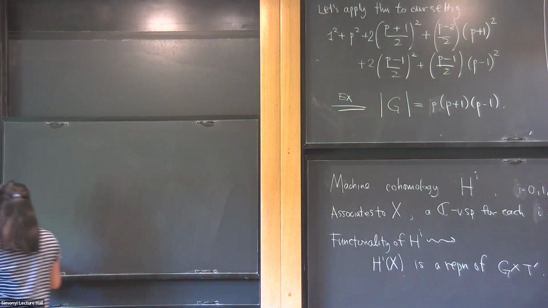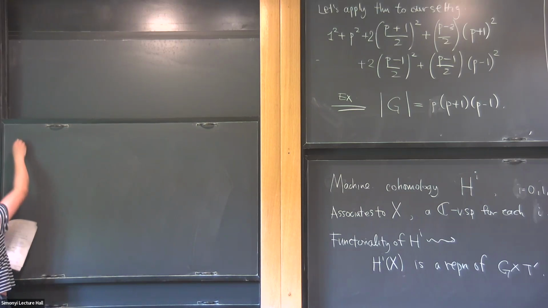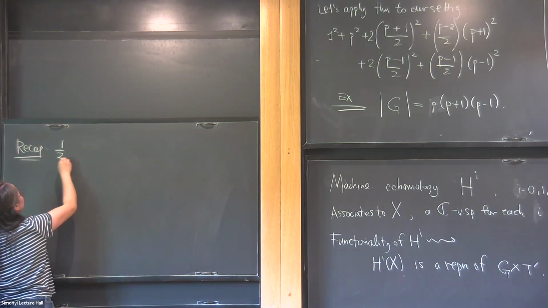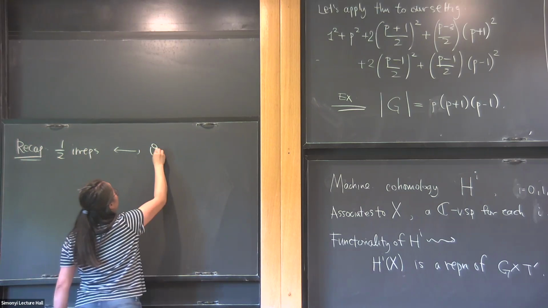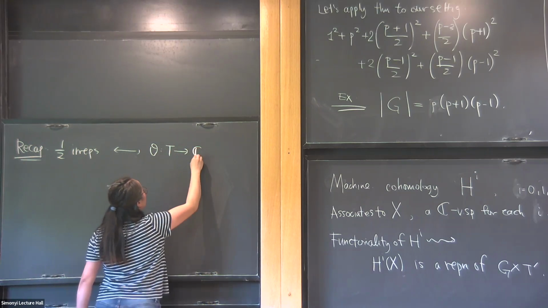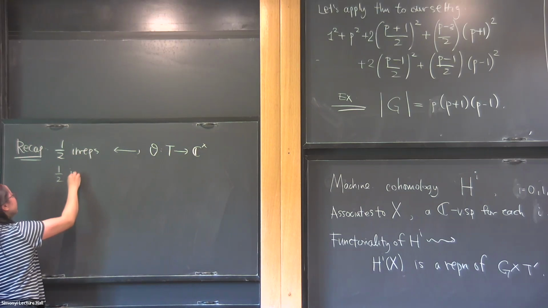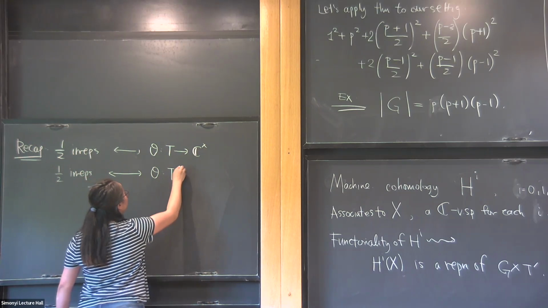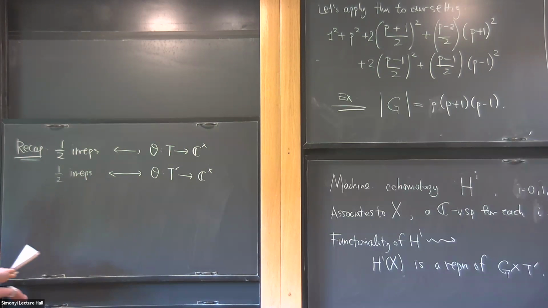Okay. So here's the recap. Half the EREPs came from theta, one-dimensional representations of T, and half the EREPs came from theta, one-dimensional representations of T prime. Okay.